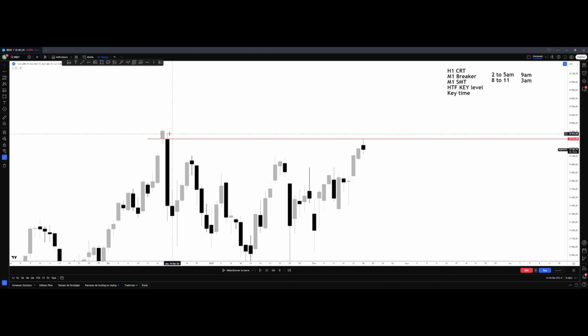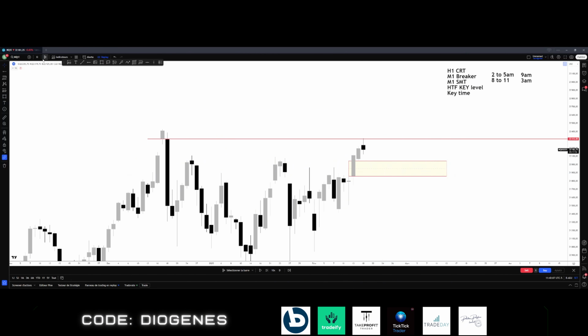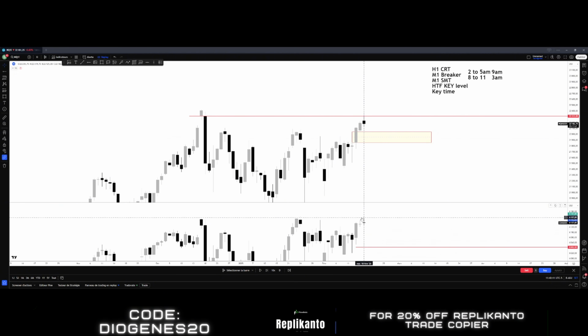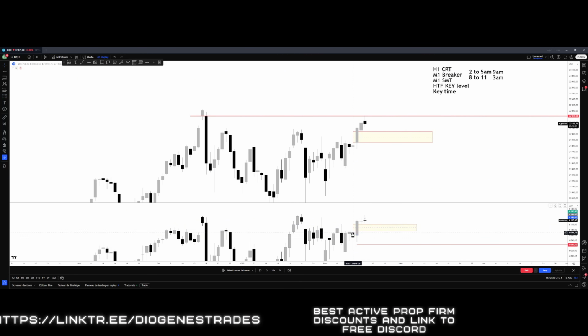Plus we had 3 days of movement up, leaving this daily fair value gap. ES is lagging, so ES didn't take this one, and also printed this daily fair value gap.